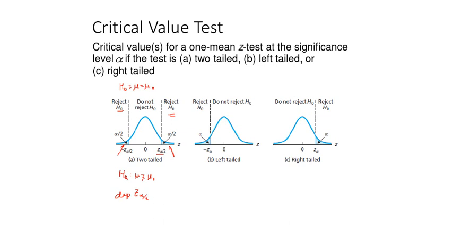As far as the one-tailed test, in this case, we could be testing something like our mean is claimed to be greater than some given mean. So that's our null hypothesis. And so our alternate hypothesis is going to be that the mean is less than that given mean. Right?